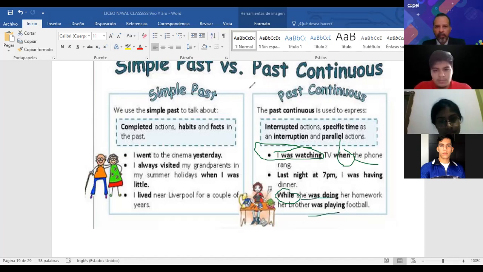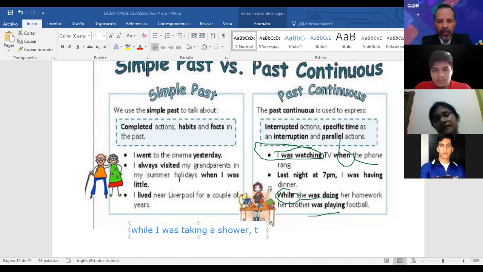Okay. Let me write my example with past continuous. While I was taking a shower, the phone rang.